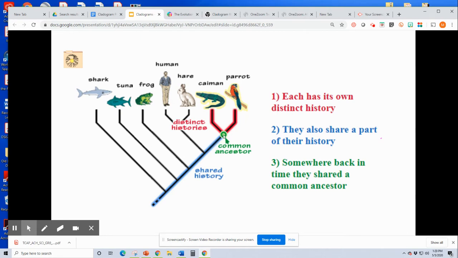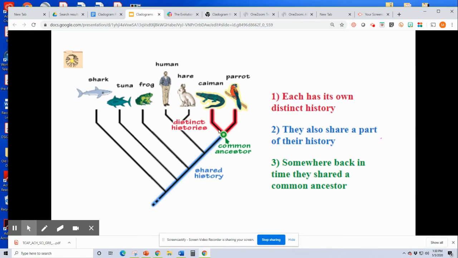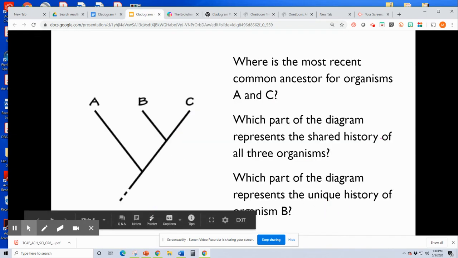But you also have some shared history, right? Somewhere back in time there was a common ancestor, and this kept going and going until natural selection and environmental pressures made them each take a distinct pathway.